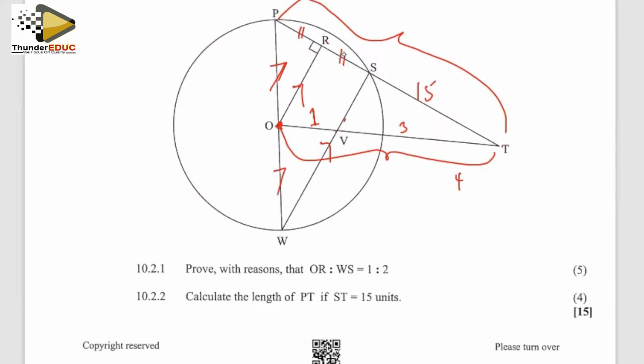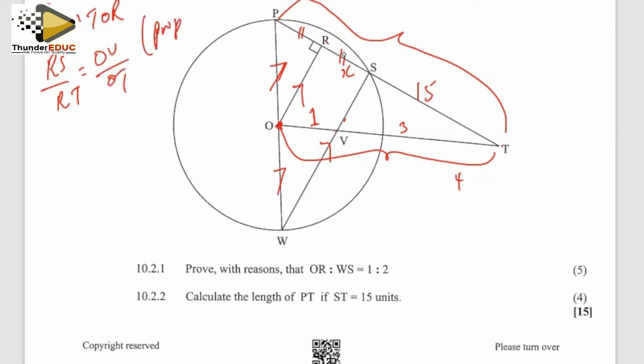So if I use triangle TOR, I'll have my RS over my RT, which is equal to OV over OT.